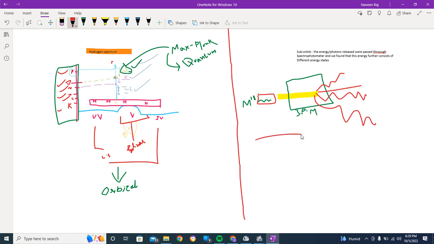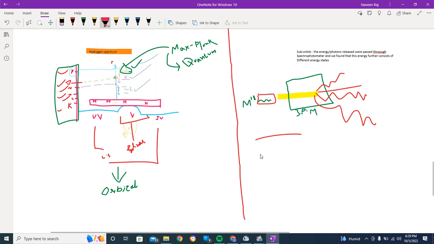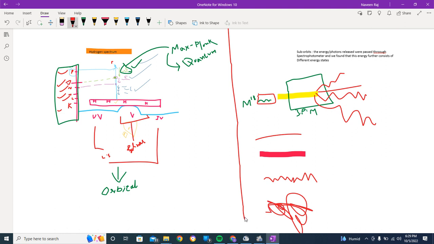Some were sharp, some were principal, some were diffused, and some were highly complicated, like this.